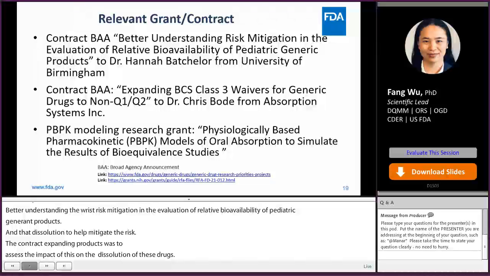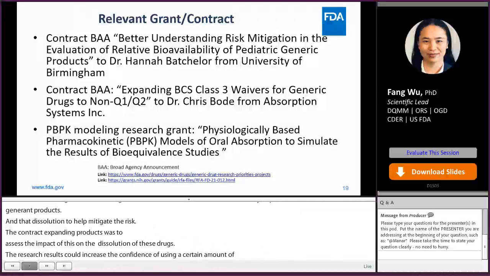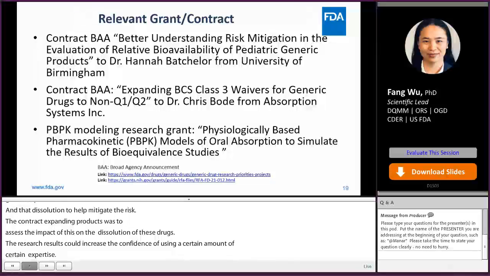In addition, to investigate the impact of excipients on the in vivo performance of BCS Class 3 drugs, PBPK modeling may potentially be used as an alternative BE approach and to support biowaiver of non-Q1, Q2 BCS Class 3 generic drugs. Another grant was just recently awarded to investigate PBPK models of oral absorption to simulate BE studies.